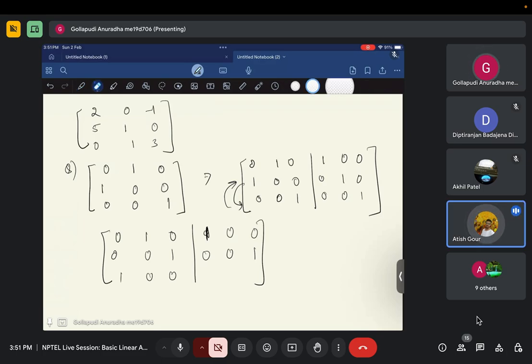Only the R1, R2 change will serve, no? We have to exchange these two. Yeah.